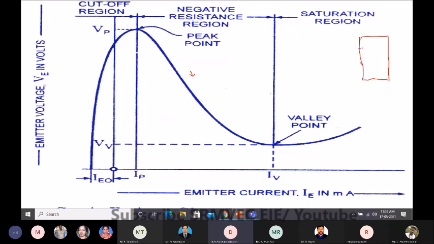So this is the P region, here the emitter is connected, and here you are applying this emitter current. This emitter current, due to the external power supply, is going to increment when I apply an external battery supply.